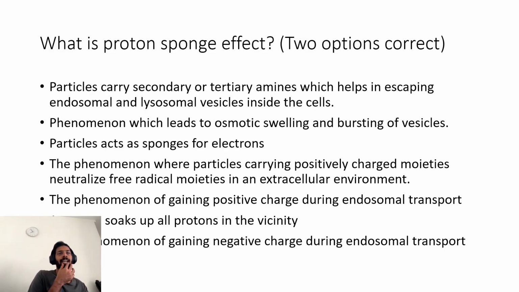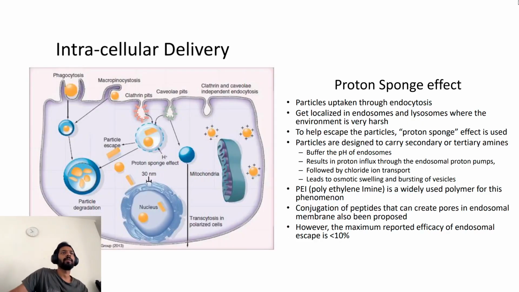Okay, so they're asking us what proton sponge effect is, and if we remember very briefly, it's basically relevant especially when you're delivering drugs to phagocytic and endocytic cells, so cells which have the ability to take up particles surrounding them. Think about cells like macrophages, dendritic cells, and so on.